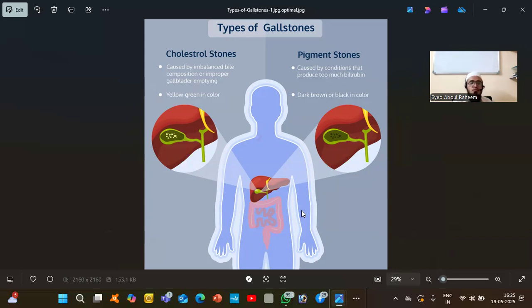Basically, it is a pain in the right upper quadrant, which may be related to the liver or gallbladder. Gallstones are also known as cholelithiasis.